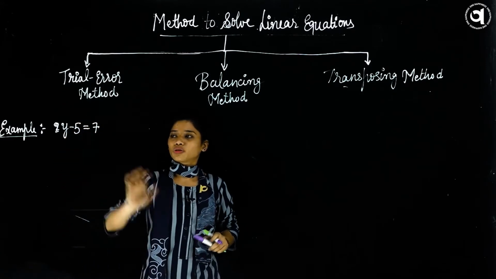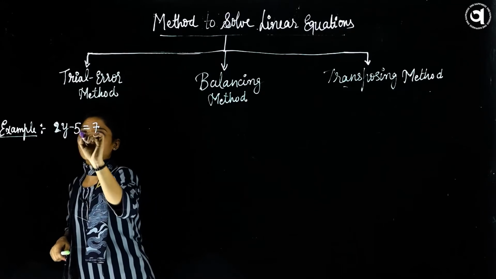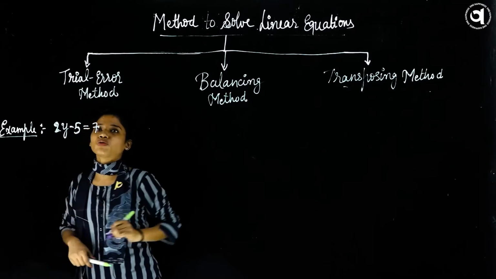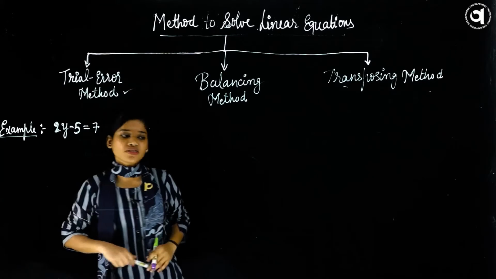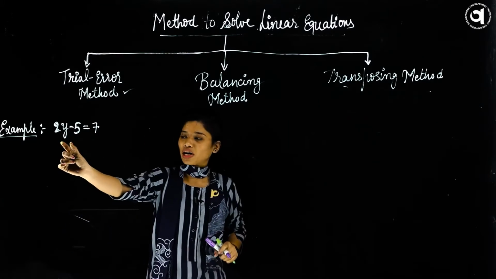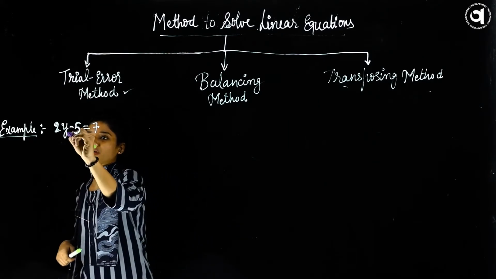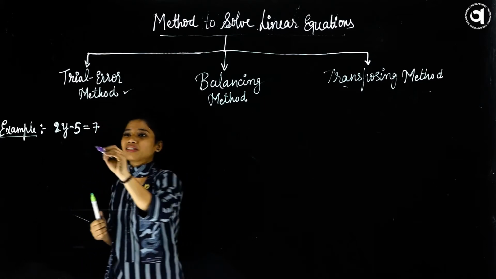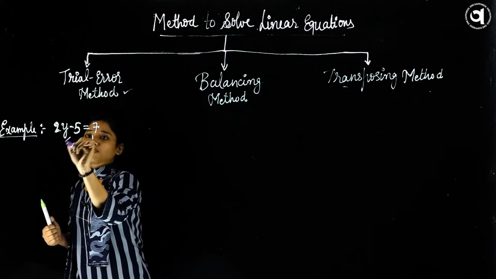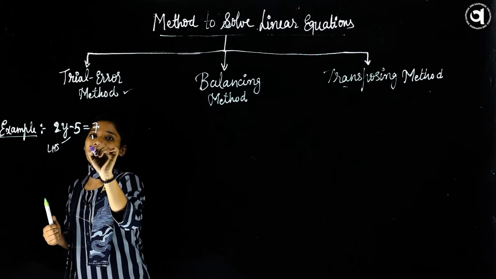As I have taken your question, 2y minus 5 is equal to 7. In the trial and error method, we have to assume values for the variable y. We can take 1, 2, 3 to make LHS and RHS equal. We can take any value.